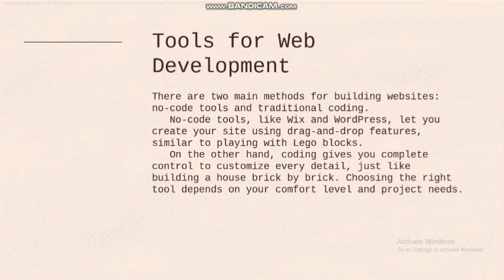You can use Shopify if you are doing an e-commerce website. They let you create your website using drag and drop features, similar to playing with Lego blocks. You put the picture here, you drag and drop, you add. That is it. You don't need to know code to build your website.